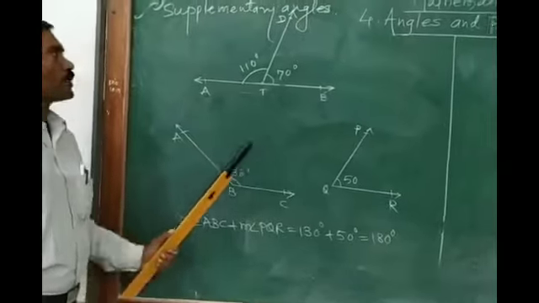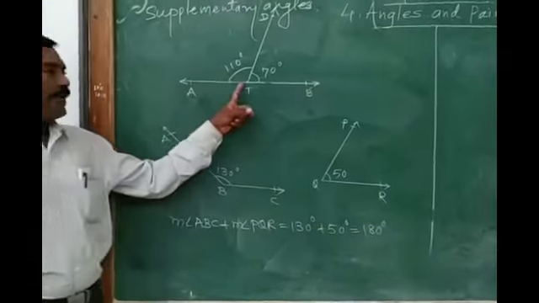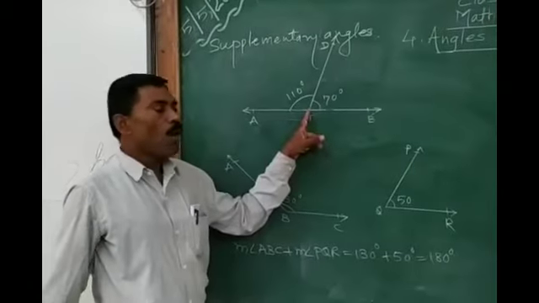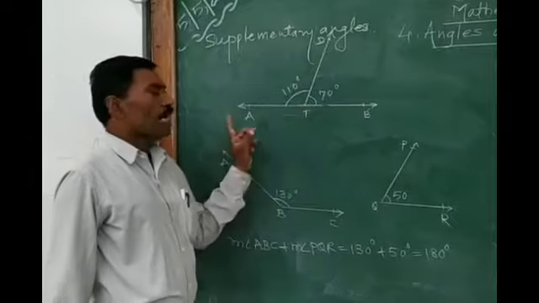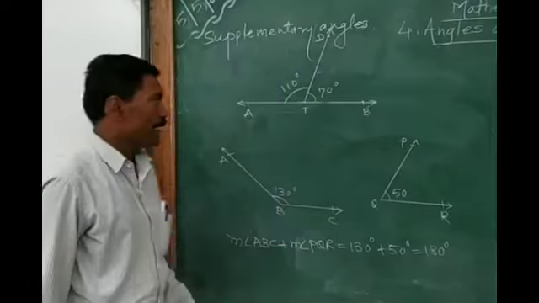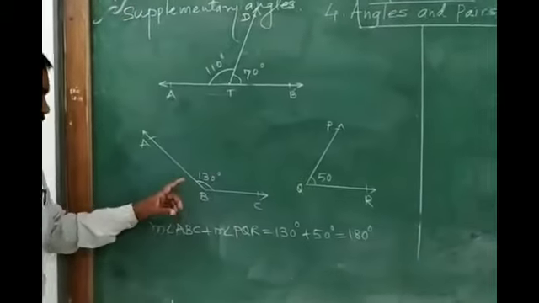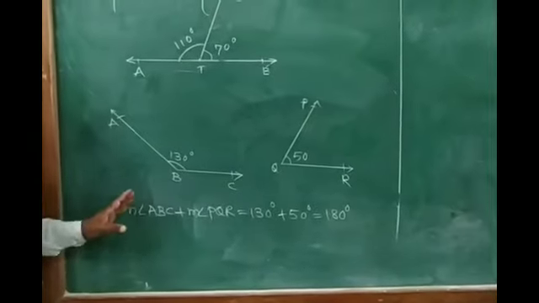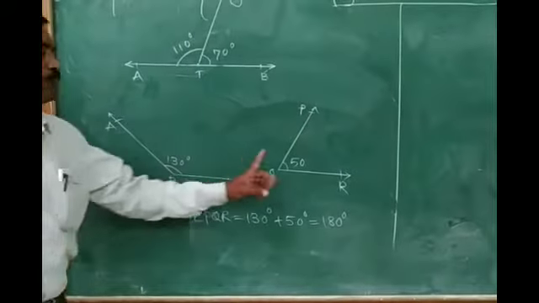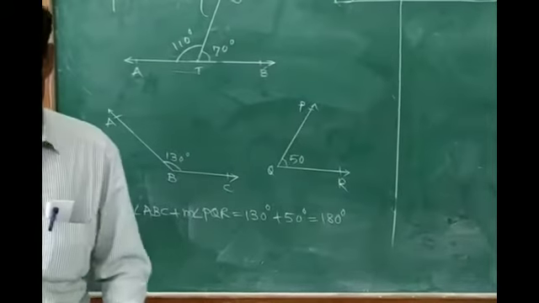Therefore these are also supplementary angles. Now we have seen two angles that have a common vertex and a common arm, where the two other arms are opposite rays, and their sum is 180. We say supplementary angles. Again, here they don't have any common vertex or arm, but the sum of these two angles is 180 degrees, therefore they are supplementary angles.